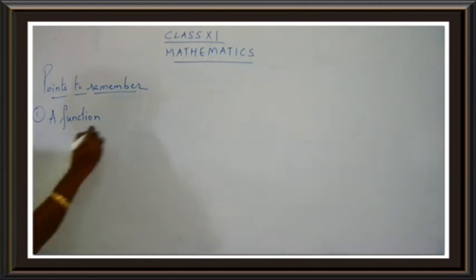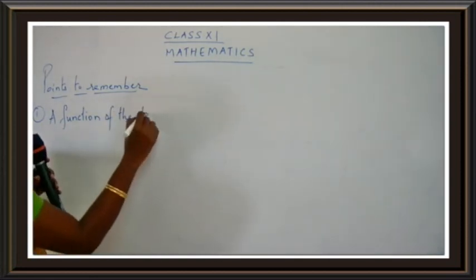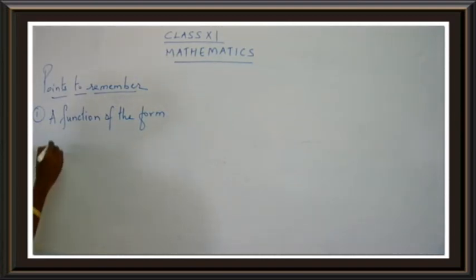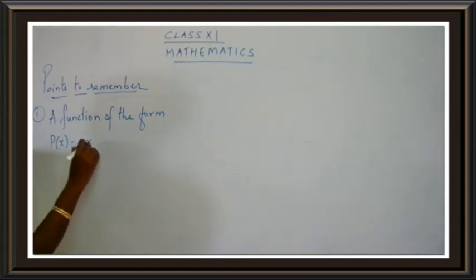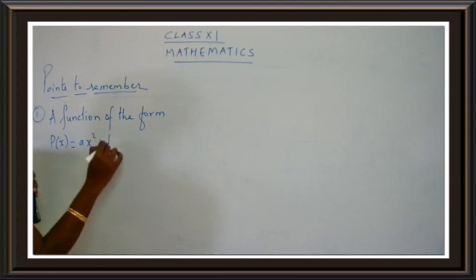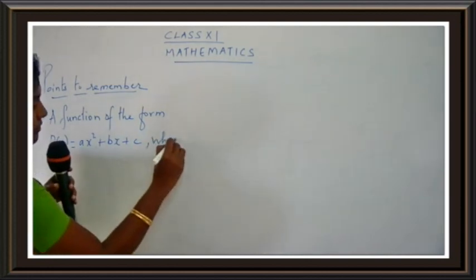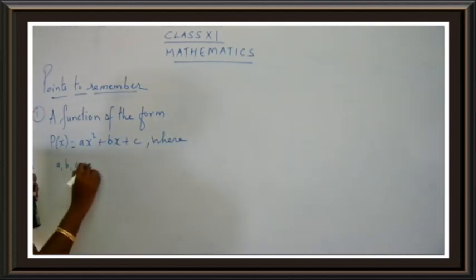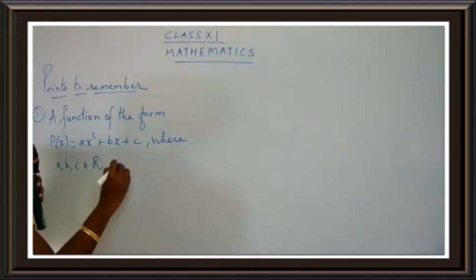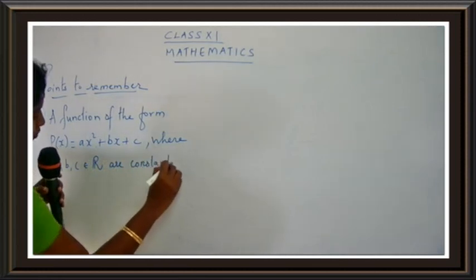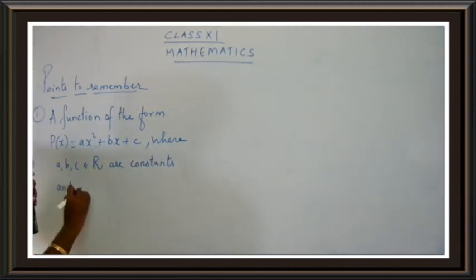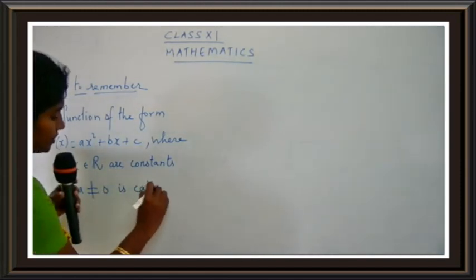A function of the form p of x is equal to ax square plus bx plus c, where a, b, c belonging to R are constants and a not equal to 0 is called a quadratic function.